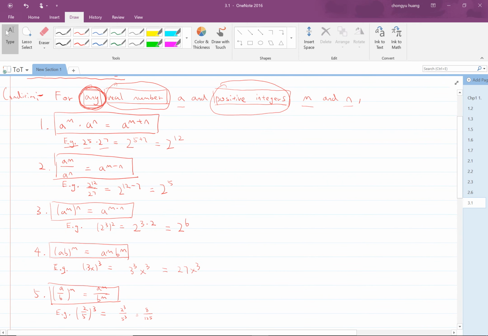You always have to check the condition whenever you apply a property. We talked about the five most important properties.